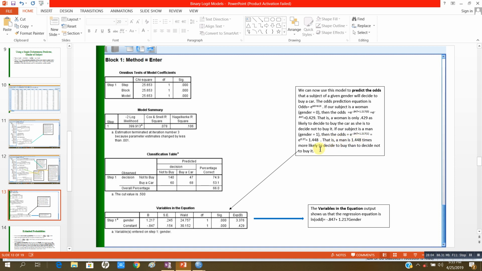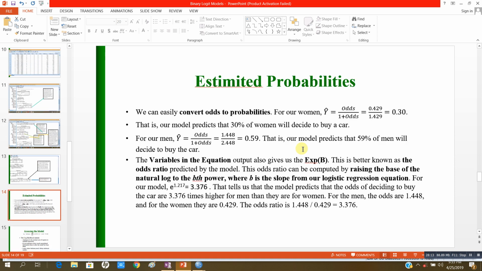We can use these odds to compute probabilities. The spelling here is not correct. This is basically predicted or estimated probabilities, so I'm sorry for that. We can easily convert odds to probabilities.